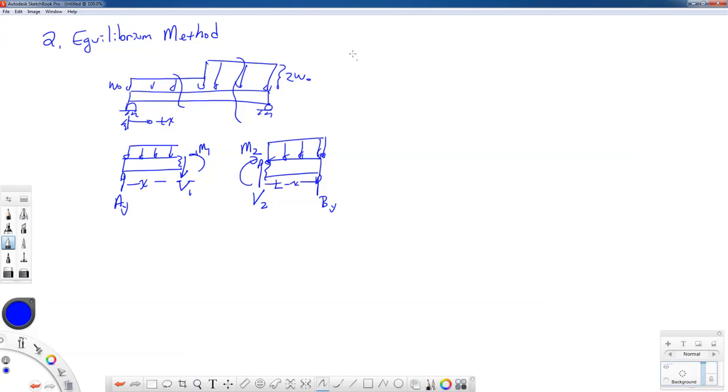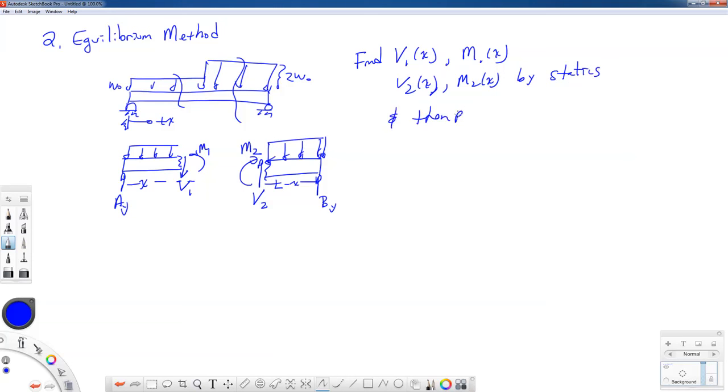And then we can plot. So we just do this directly by statics or by equilibrium methods. Now the equations that we would get are just the same as what we had previously if we have one region. But if we have multiple regions, then this might be another way that we can approach that.